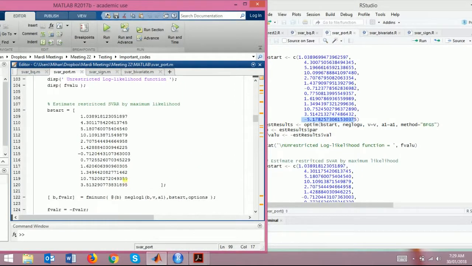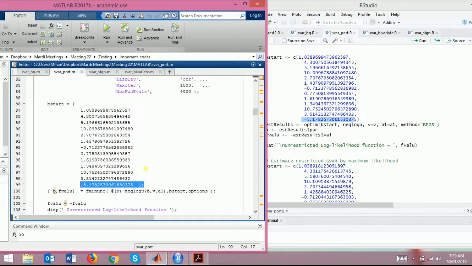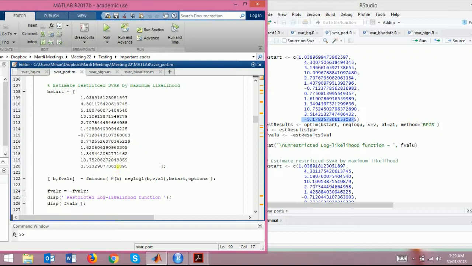And a constant. The constant and the dummy variable. 1, 2, 3, 4, 5, 6, 7, 8, 9, 10. 2 lags, constant, and 2 dummy variables. 1 dummy variable. Alright.